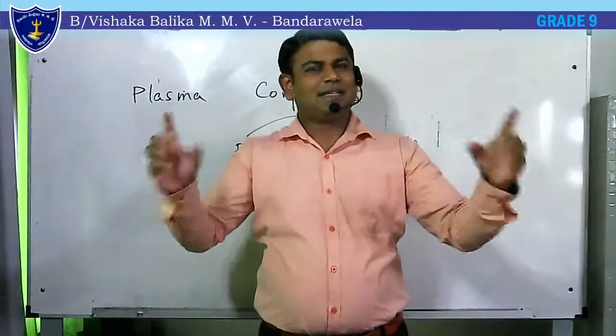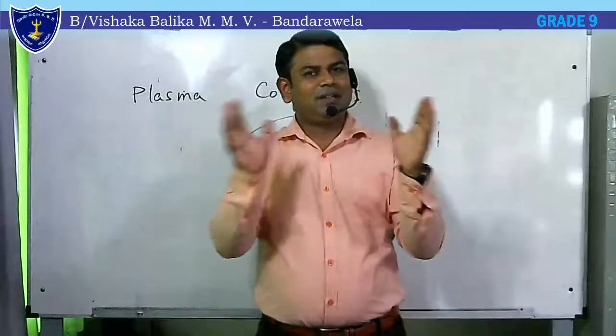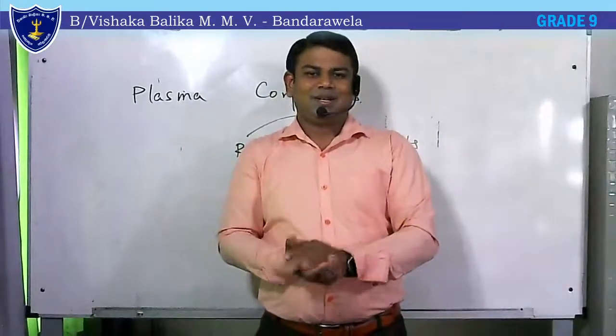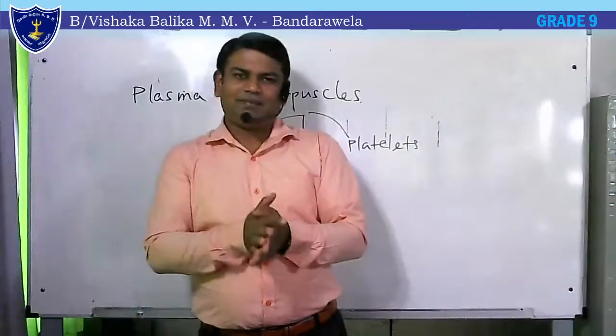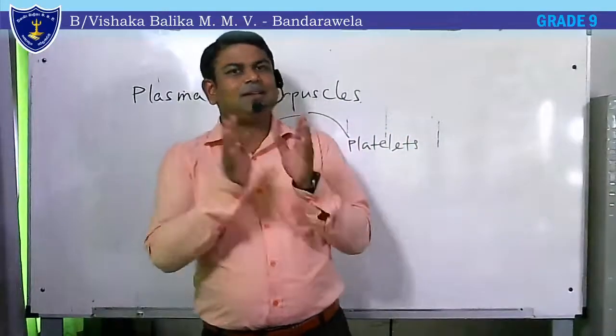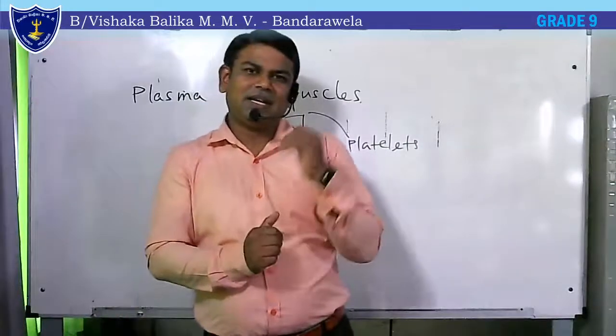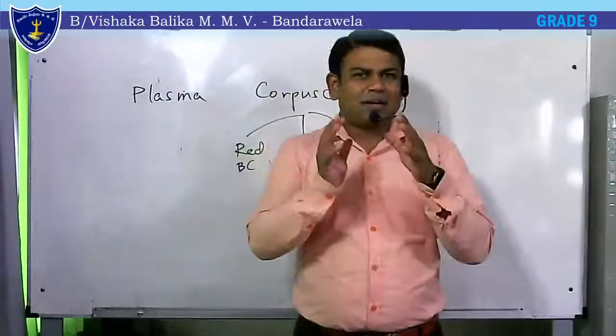And also they secrete a kind of chemical. With that chemical, they make it a permanent plug. So the process called blood clotting is led by the platelets. They are cell fragments, but their function is very, very important.